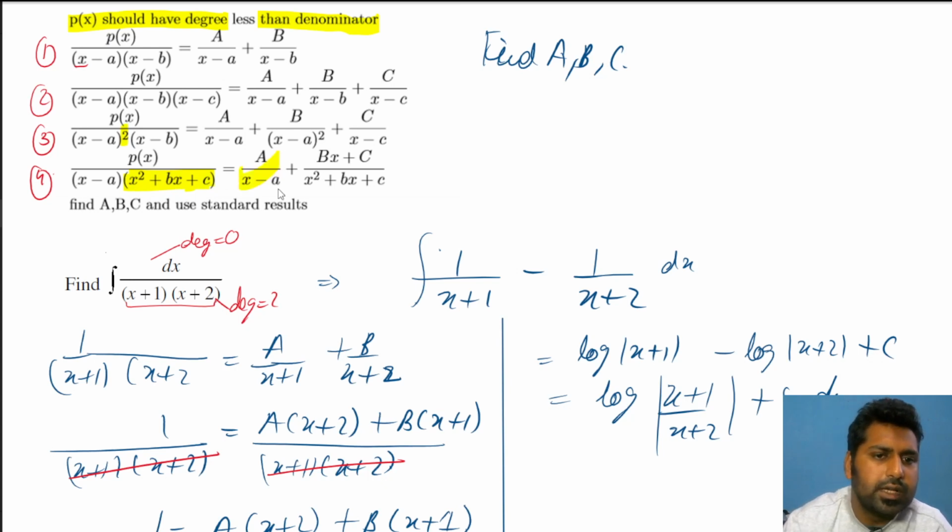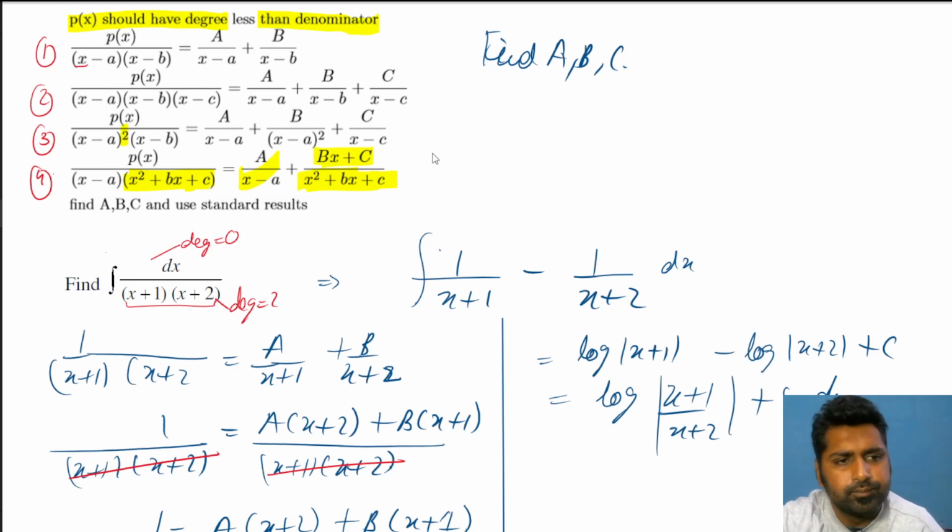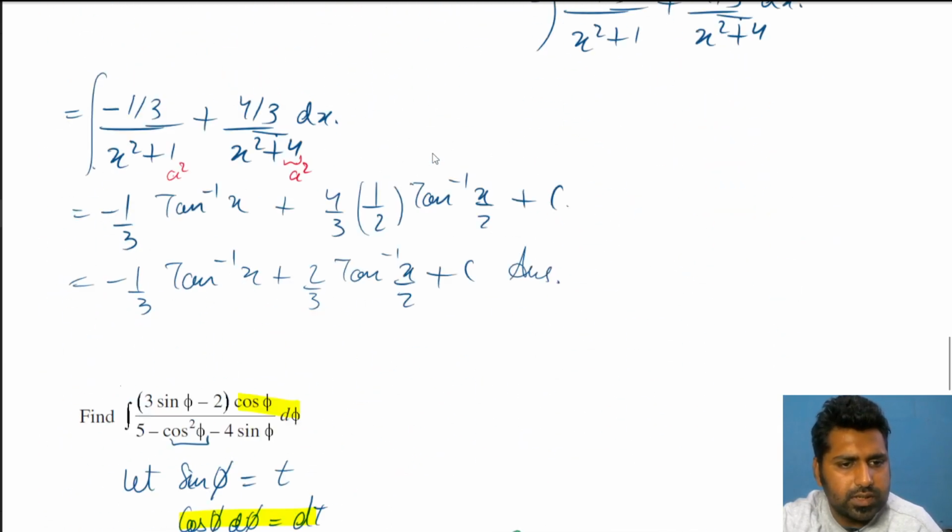It's just that whenever you write the quadratic factor, you write bx plus c, cx plus d, ax plus b, something like that. Means you write a linear expression on top of a quadratic part. You can split this into linear and quadratic. So linear a upon x minus a plus bx plus c upon the quadratic. Remember that. So now let's use it.